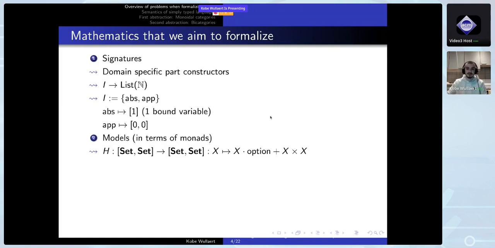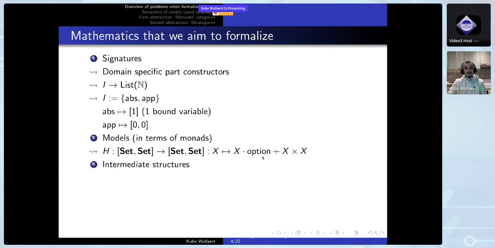And as you can see here, the output of this functor has an X composition with option. We just add a singleton to the input. And this is precisely in order to get the abstraction. Now for the application, we just need two variables.